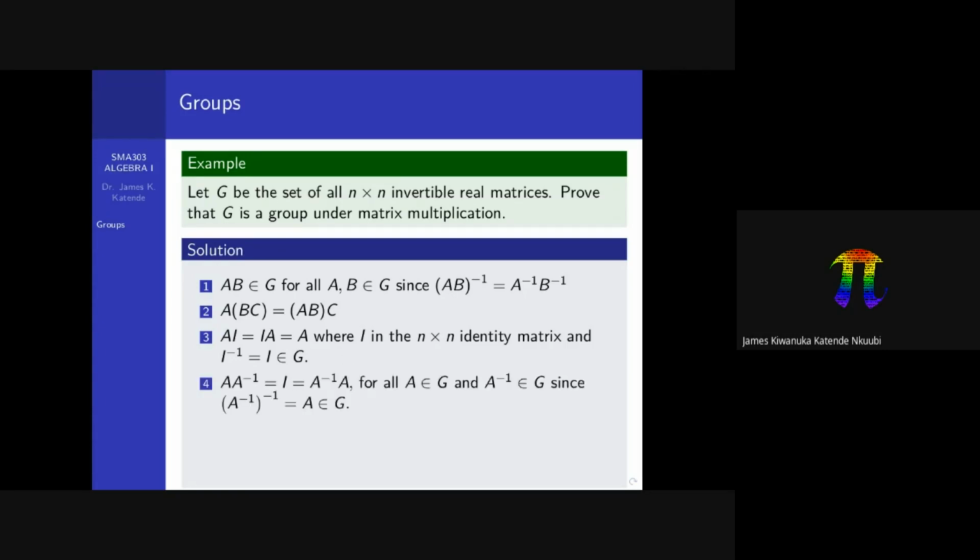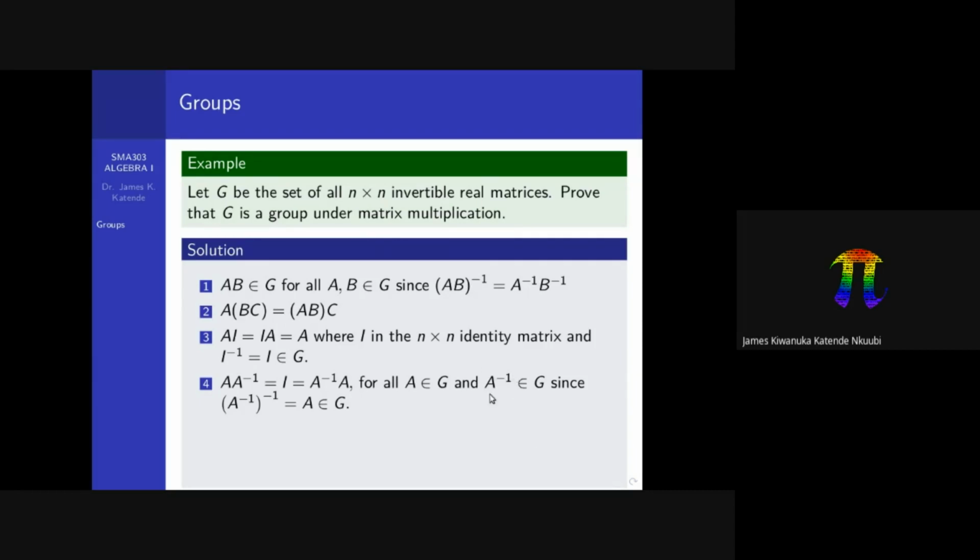Now, again, by definition, these matrices are supposed to be invertible, so their inverses will exist, and the usual inverse of the matrix will act as the inverse. So now the other thing we need to be sure of is that the inverse is also in the set.